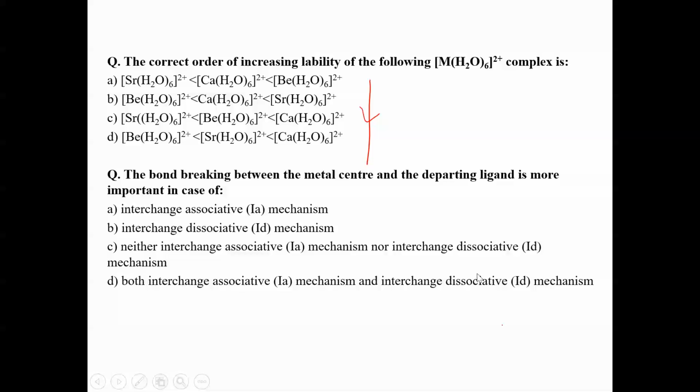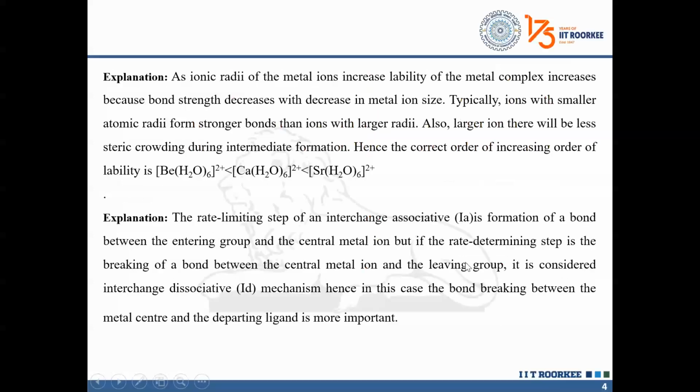Okay, let me explain that. As I have told you, the ionic radii of the metal ions increase the lability of the metal complexes, because the size of the metal in the complex will increase, so the bond strength will decrease, and the complex will be more labile.